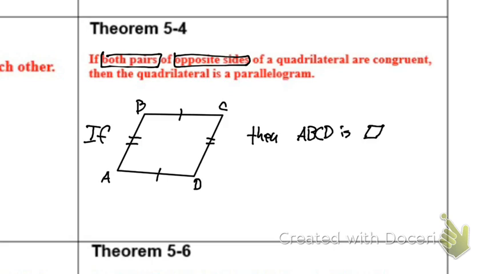So if you can show this, or this is given to you, then you know for a fact it is a parallelogram and everything that goes along with it. Once again, this is if you're given a quadrilateral and you need to show that it is in fact a parallelogram.